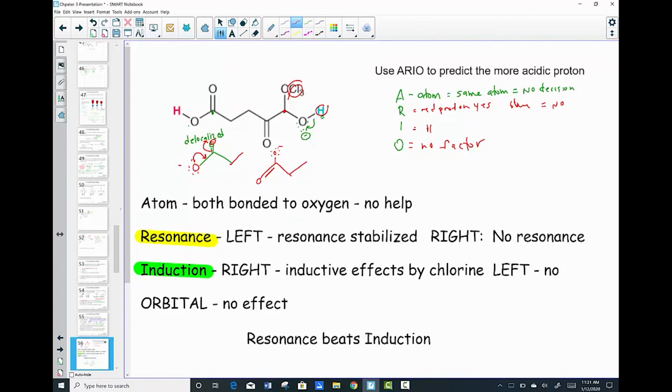If I did go further, I noticed that the right blue proton is influenced by the inductive effect, whereas the left side, the red proton, has no inductive effect. So if I'm trying to decide between resonance and induction, go right down the acronym ARIO: resonance beats induction, and therefore the more acidic proton is the one in red.